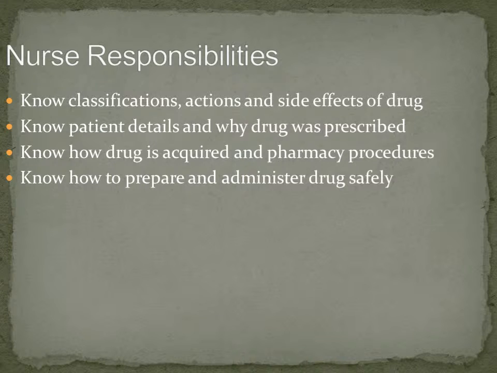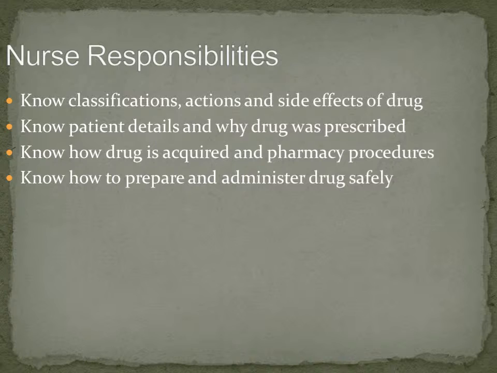Nurse responsibilities: know classifications, actions, and side effects of the drug, and know patient details. Why are we giving this patient this drug? We have several drugs that may be given to a patient for a number of reasons.